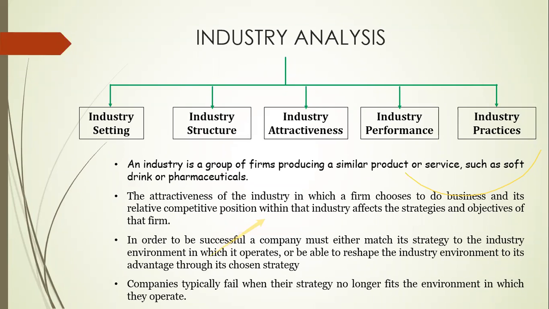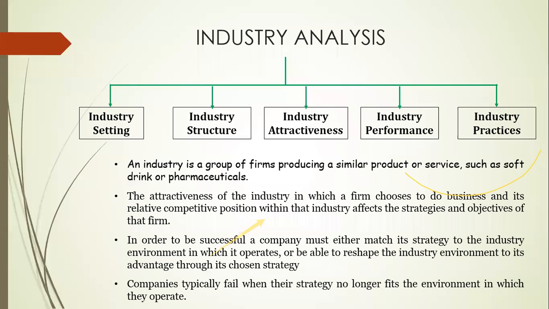Industry is a group of firms producing a similar or an identical product or service. Right? In simple language, in common man's language, a group of organizations producing the same product or a group of organizations producing the same service is called an industry.